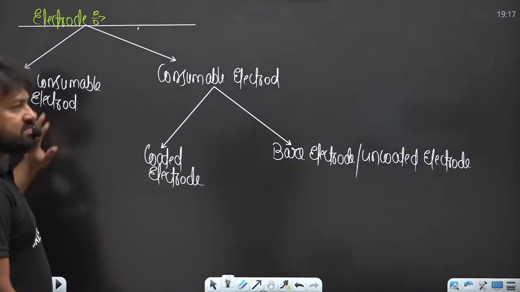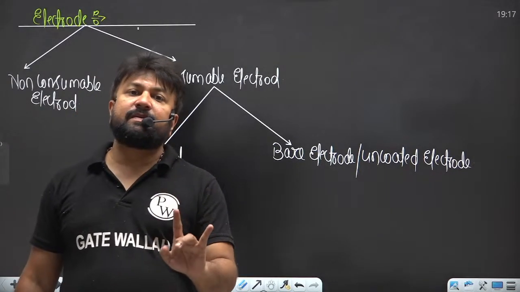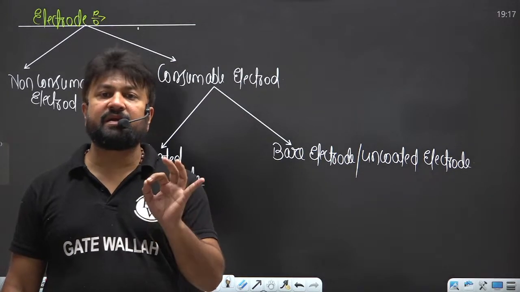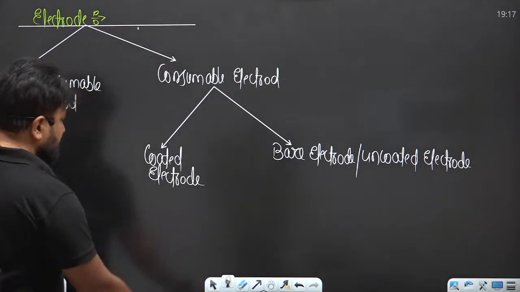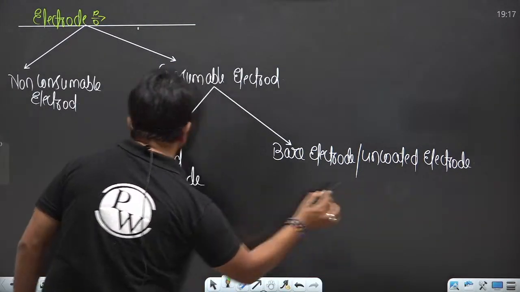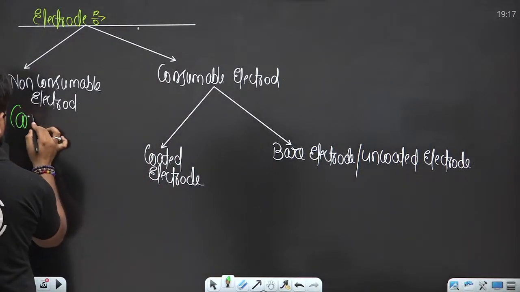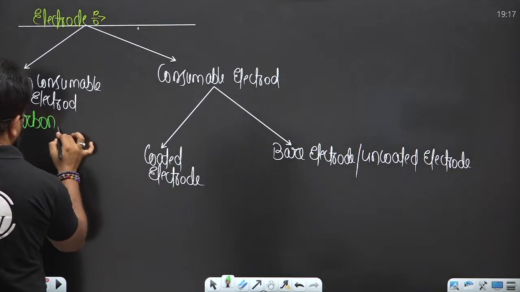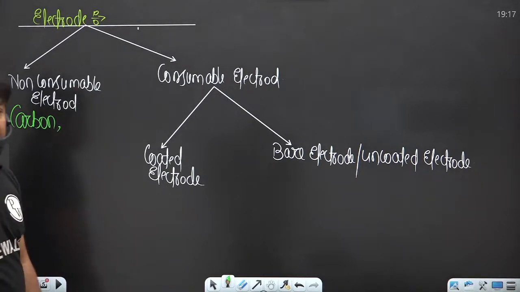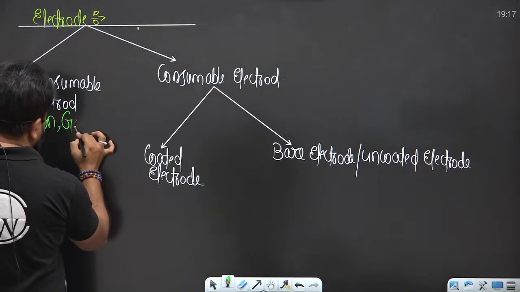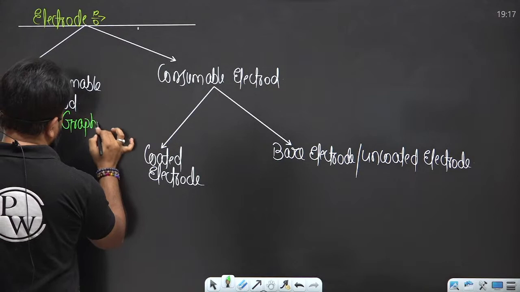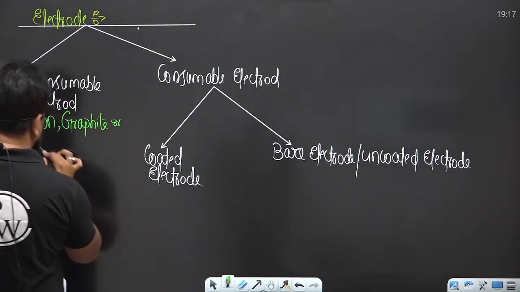Non-consumable electrodes are made up of carbon, graphite, or tungsten.